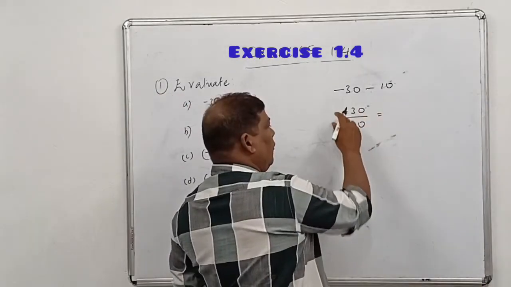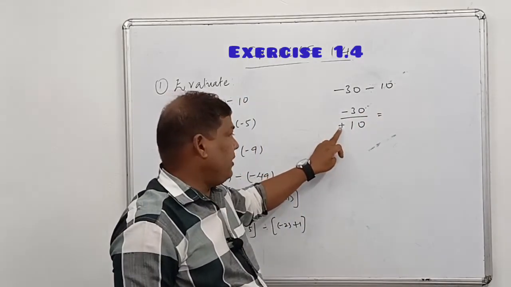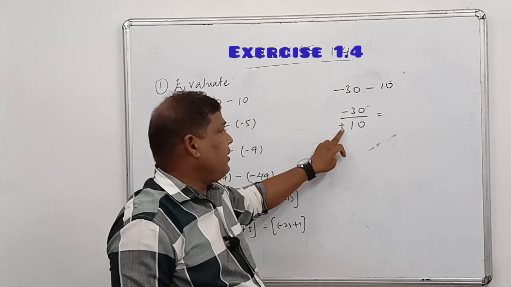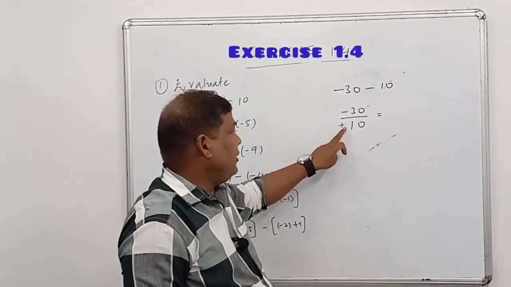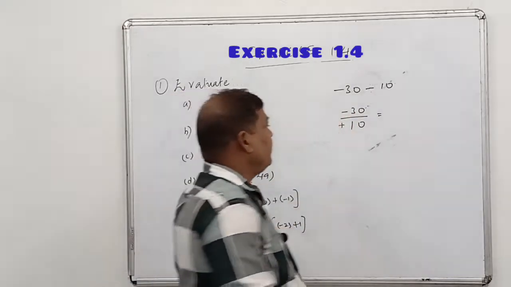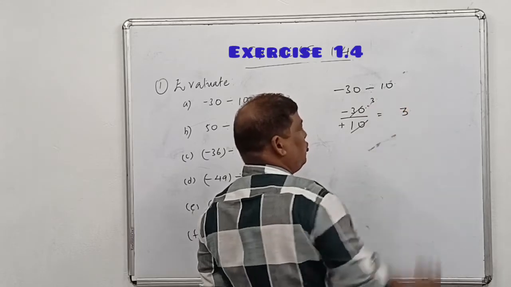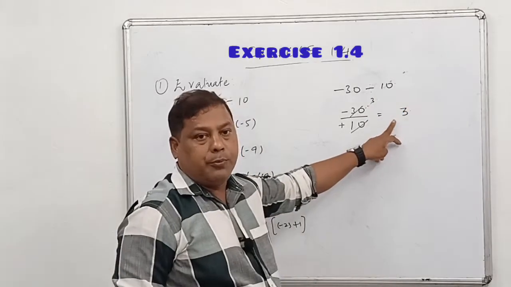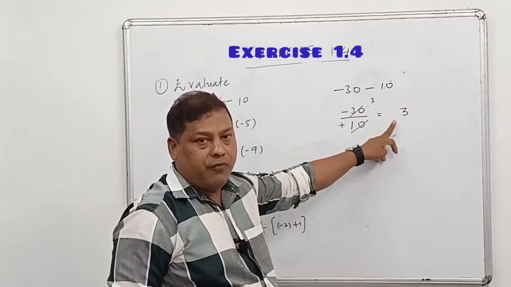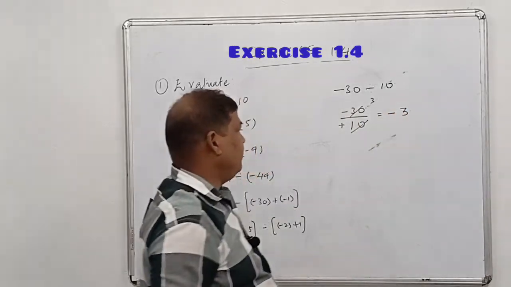So when you divide a negative integer by a positive integer, first of all we divide them as whole numbers. 30 by 10, that means 10 threes are 30. Here is the quotient, then you put a negative sign before the quotient, that is -3.